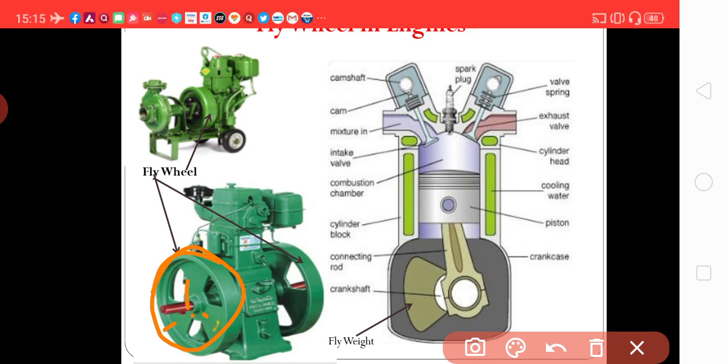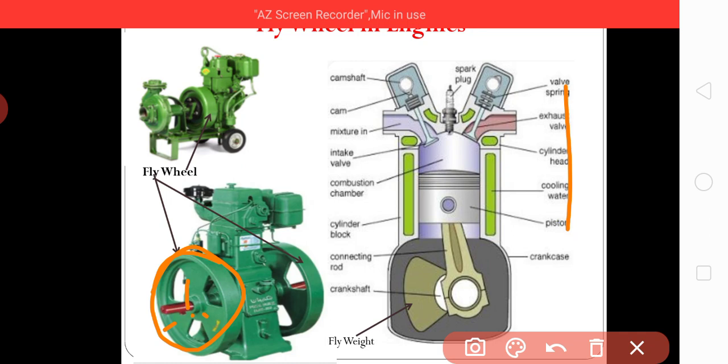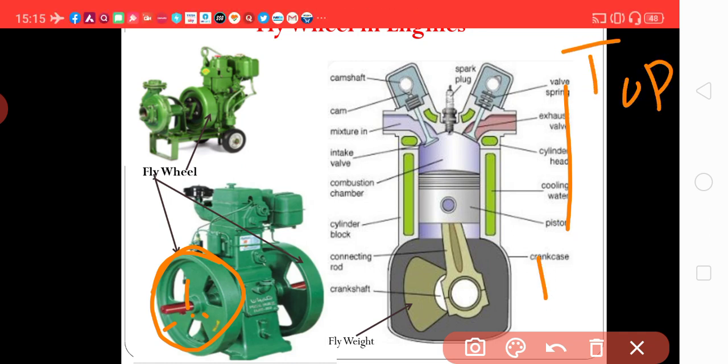Achha. Now what is the purpose of this? This is a 4-stroke diesel engine or 4-stroke petrol engine. You can say it is a 4-stroke petrol engine, which is in your bike. In the 4-stroke engine, one stroke is from top to bottom.